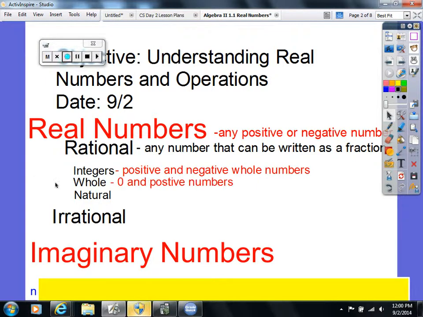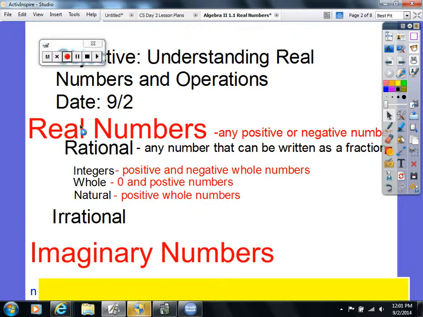A whole number starts with 0 and are your positive numbers. So 0, 1, 2, 3, 4, 5. Natural numbers, on the other hand, are your positive whole numbers. So 1, 2, 3, 4, 5. The way I remember that whole numbers start with 0 is the word whole has an O in it, and 0 looks like an O.